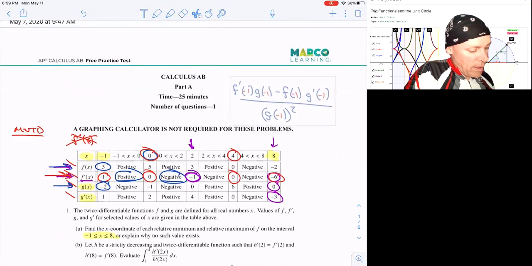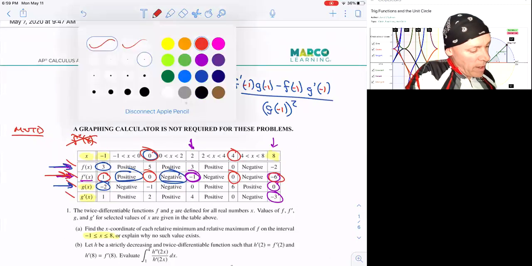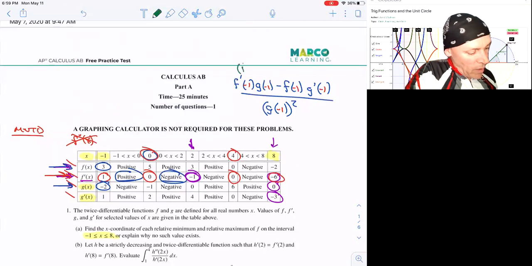Okay, so there's that. And so we need f prime at -1. So f prime at -1 is 1. I'm just going to write it above it. So I got 1. g at -1 is -2.